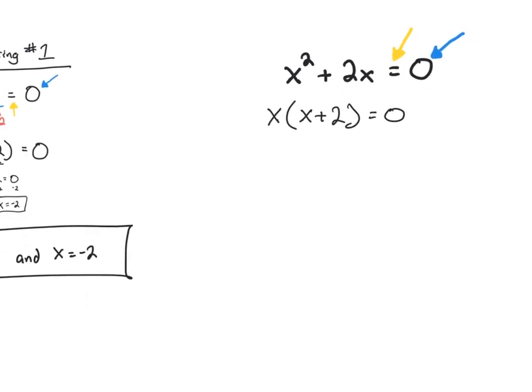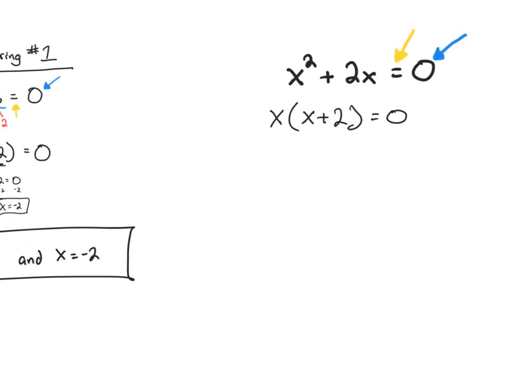Same thing happens here. What if this equals 0? Then the whole thing equals 0. Or what if this equals 0? Then the whole thing equals 0. Just the same thing that we had earlier. So let's separate it. The first one: x equals 0. Oh, done. Nothing else to do. Let's try this one: x plus 2 equals 0.